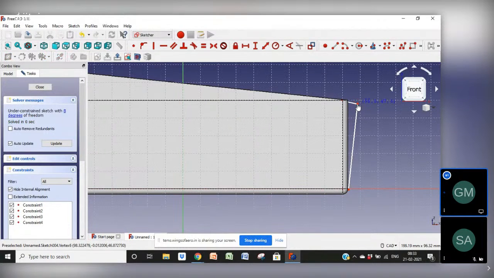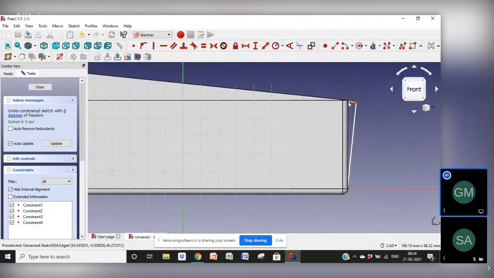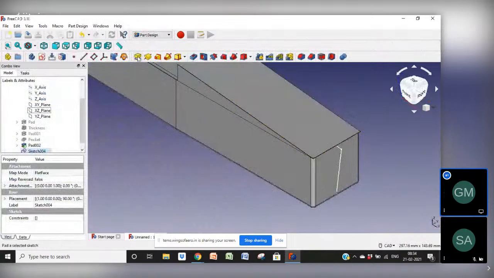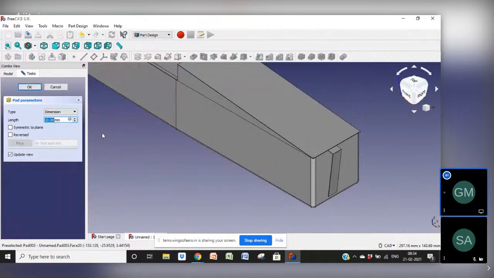Just taking it. It's fine. Close, pad it. Yeah, now I can pad it perfectly in a symmetric way.